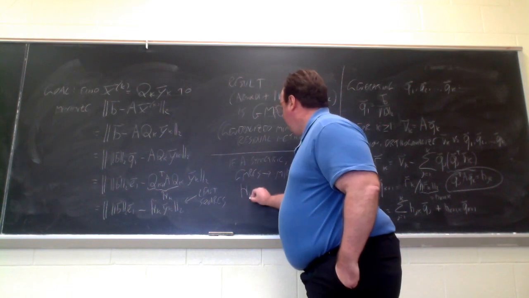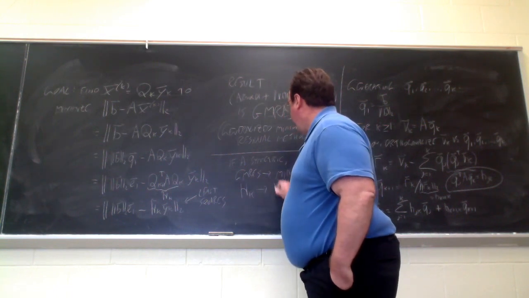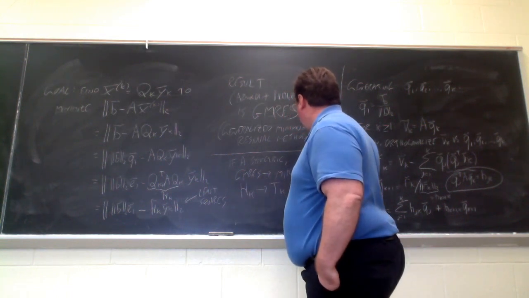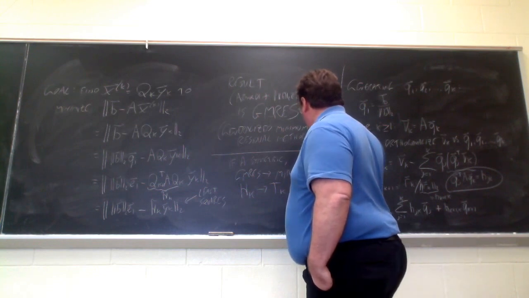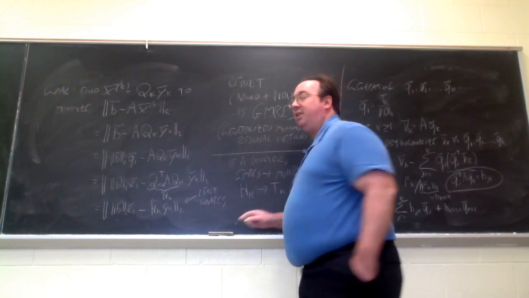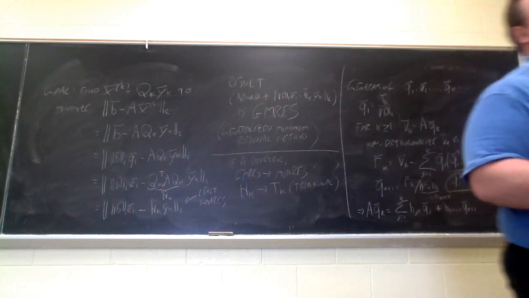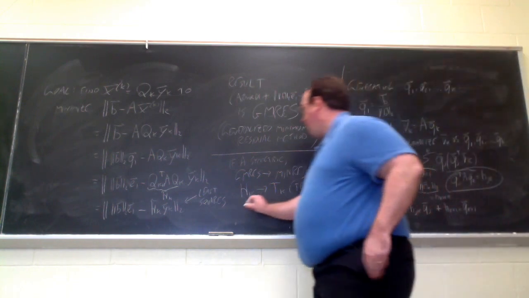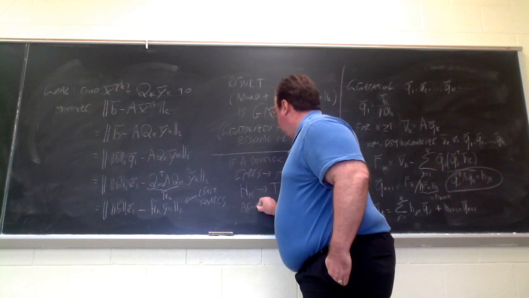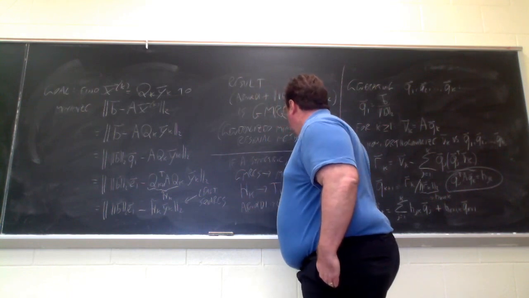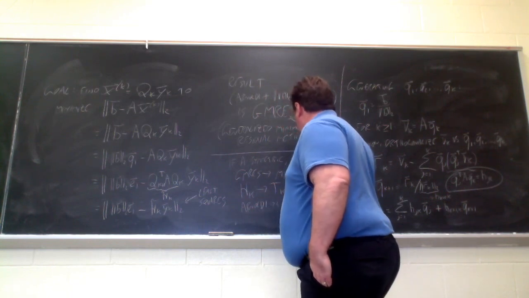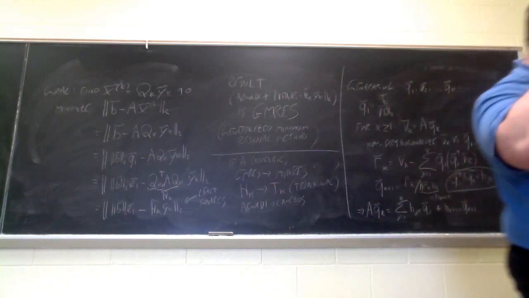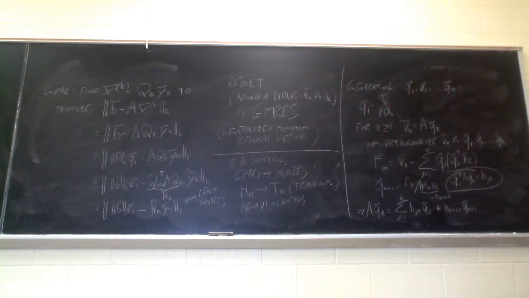And the matrix H_k becomes the matrix T_k that is tridiagonal. And the reason for that is, if A is symmetric, then H_k is going to be symmetric also. A symmetric Hessenberg matrix is tridiagonal. And Arnoldi reduces to Lanczos. All right. Okay.